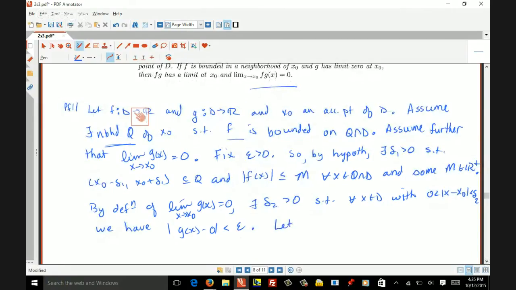What should we choose our delta to be equal to? We have a delta 1 and a delta 2. Minimum. Deltas are always the minimums.